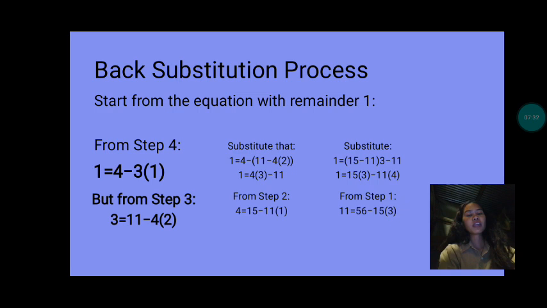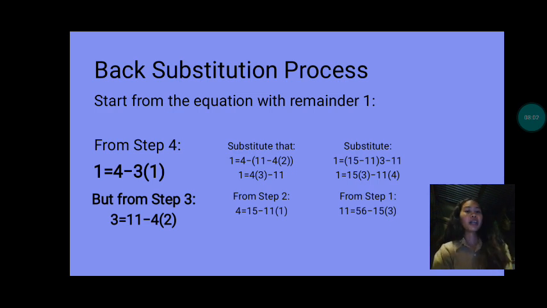In distributing, we have 1 is equal to 15 times 3 plus 15 times 12 minus 56 times 4, and then 1 is equal to 15 times 15 minus 56 times 4. So the final form is 1 is equal to negative 4 times 56 plus 15 times 15.